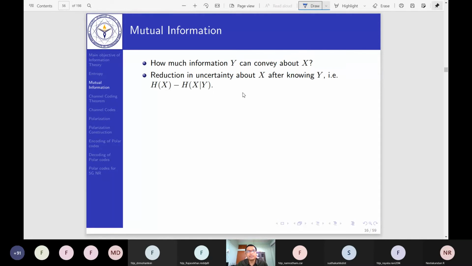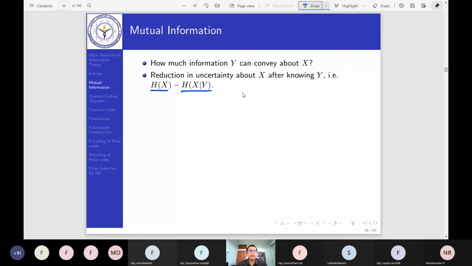This information can be related to the entropy and conditional entropy. h of x is, as I said, the uncertainty of the random variable x without knowing y. And this is the uncertainty left in x after knowing y.